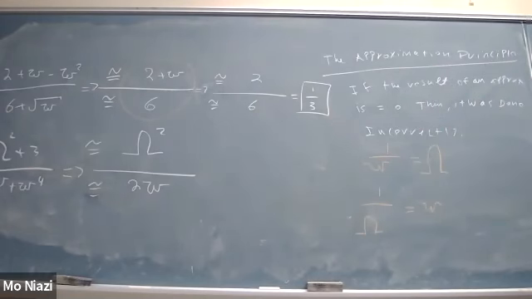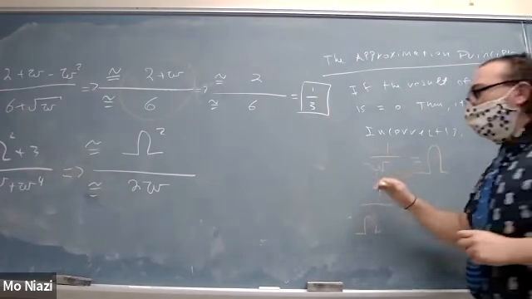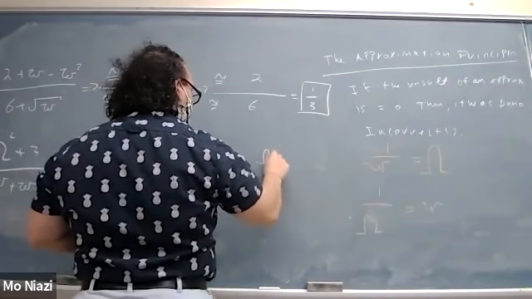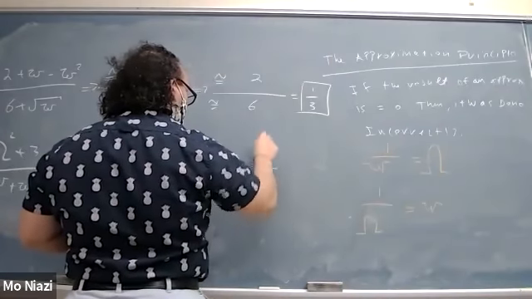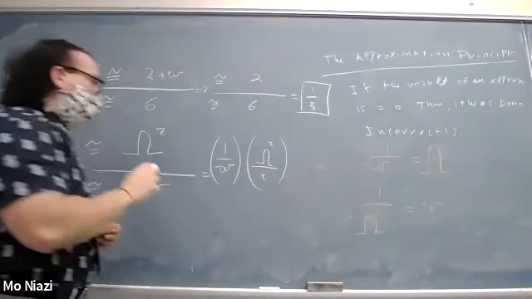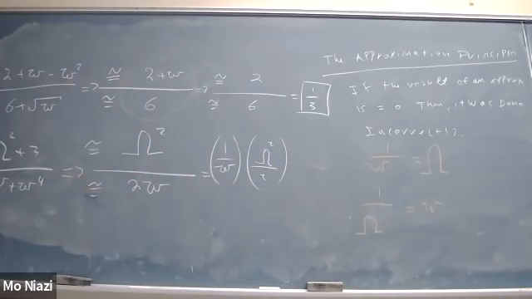So if you have a capital omega is equal to 1, notice that this is the same thing as omega squared over 2 times 1 over omega. Is it not? So then what does that 1 over omega turn into?